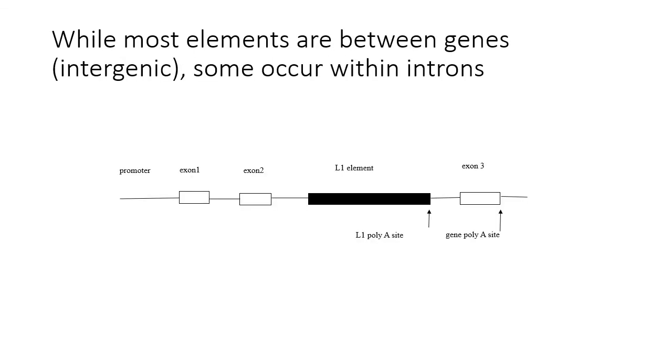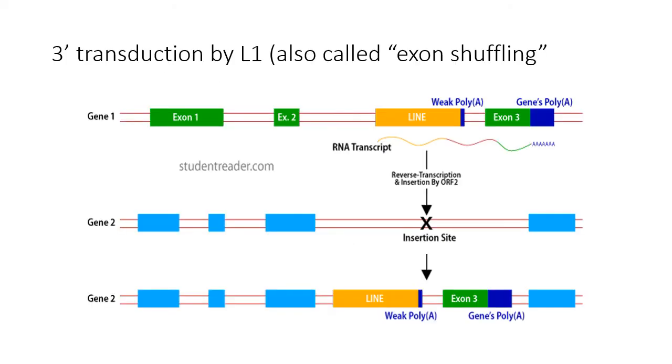Okay, so looking at what this looks like, we would have an L1 sitting in the middle of an intron, and that's not going to bother anybody most of the time. And you can see that the L1 poly-A site is present but weak, allowing read-through of the regular gene's transcription. Okay, so what can happen, and has happened, is that you start your transcription at the beginning of L1, just like you usually do.